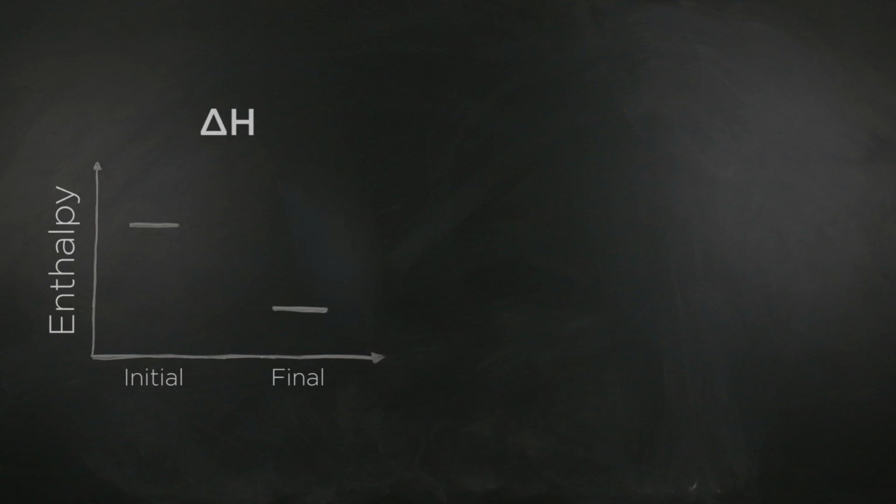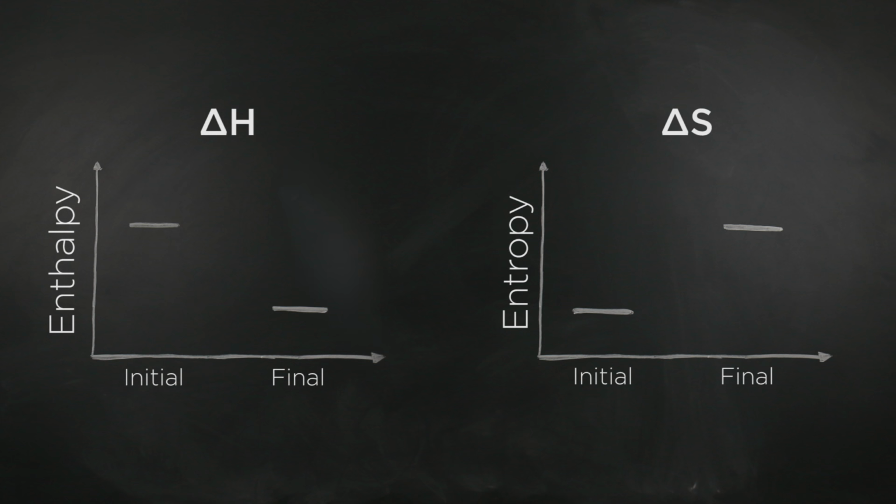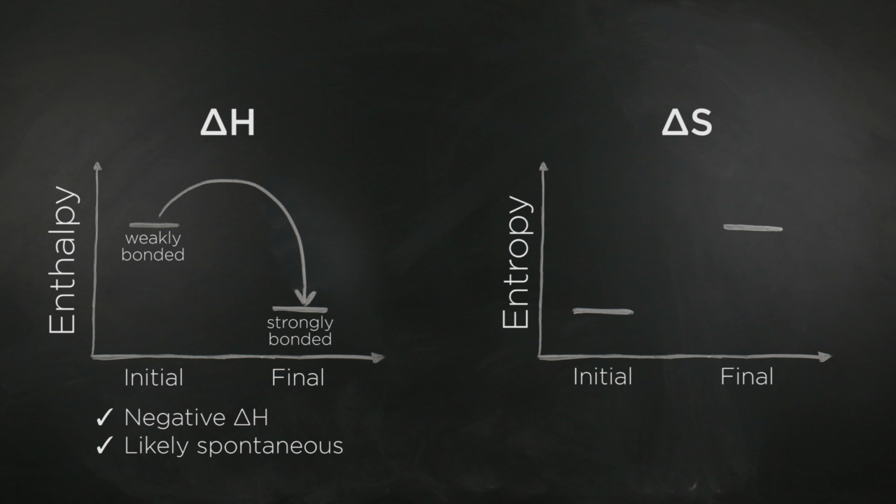Let's also consider visualizations for delta H and delta S. Note that the sign conventions for delta H and delta S are different. For enthalpy, a lower H value indicates a system that is more strongly bonded. If the final state is more strongly bonded than the initial state, then this results in a negative delta H. The more negative the delta H, the more stable the system, favoring a spontaneous reaction.